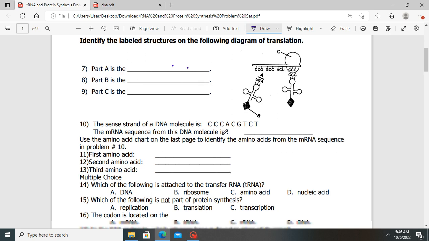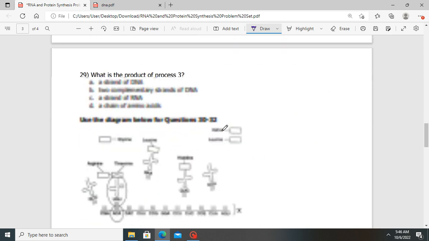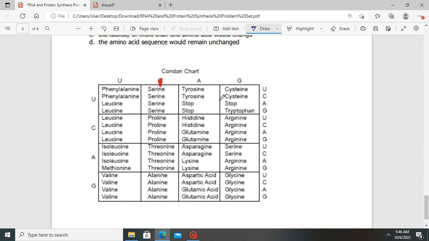So let's read the coding table, or the codon chart, as shown here. Which amino acid corresponds to GGG? We have G here, G here, then G here.